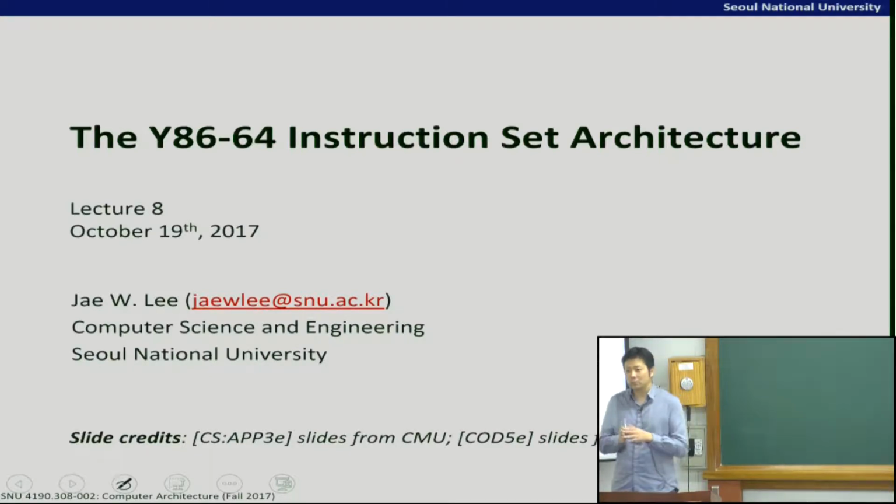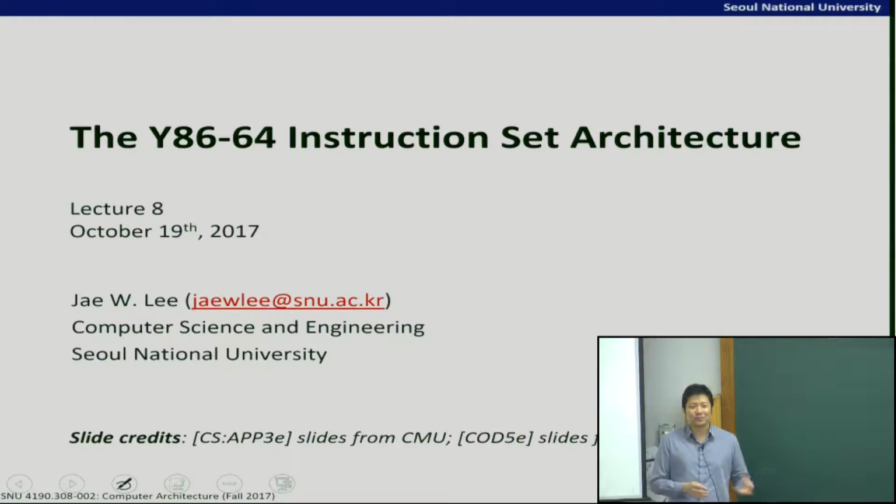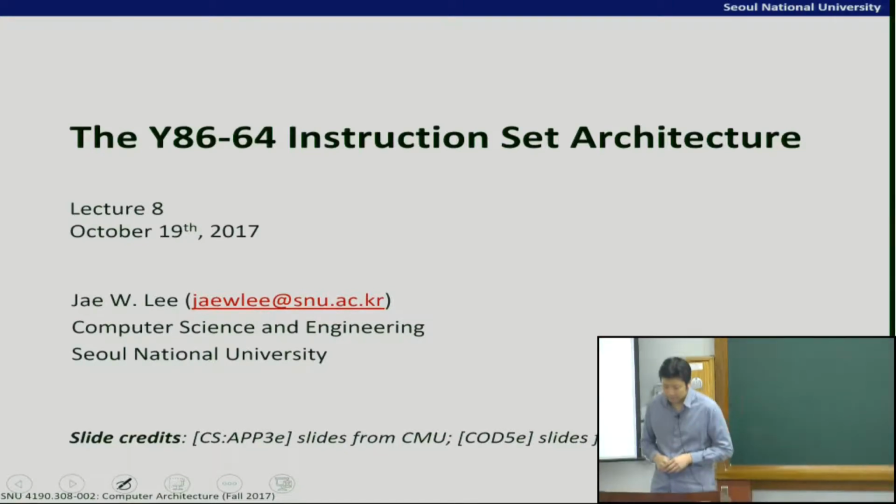The original x86-64 is such a big ISA and very complex. We won't be able to finish implementing it in hardware in a single term. So we have a small subset of instructions that captures many interesting details of a hardware design, but also allows us to write interesting programs.